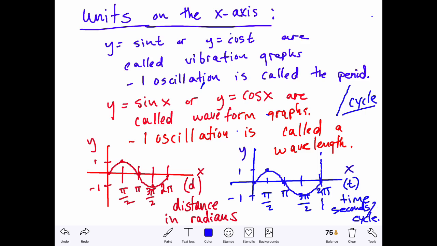In this case, our x-axis, instead of being time, is distance in radian measure. So we can look at the height of our wave as a function of horizontal distance, or as a function of time. Depending on the situation we're modeling, we can look at it both ways.